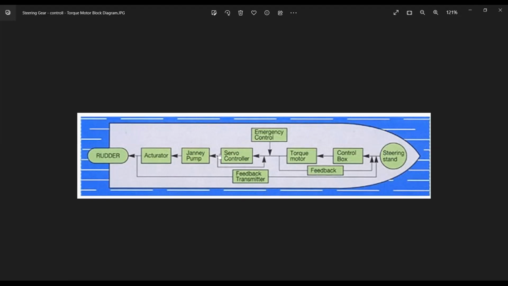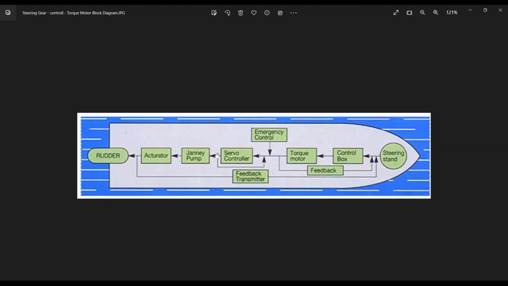However much is required by the Jenny pump to operate, that much proportional signal will be given as a hydraulic signal, and the Jenny pump will start moving the actuator, that means the rams or the rotary vane, whatever it be, and that will move the rudder.